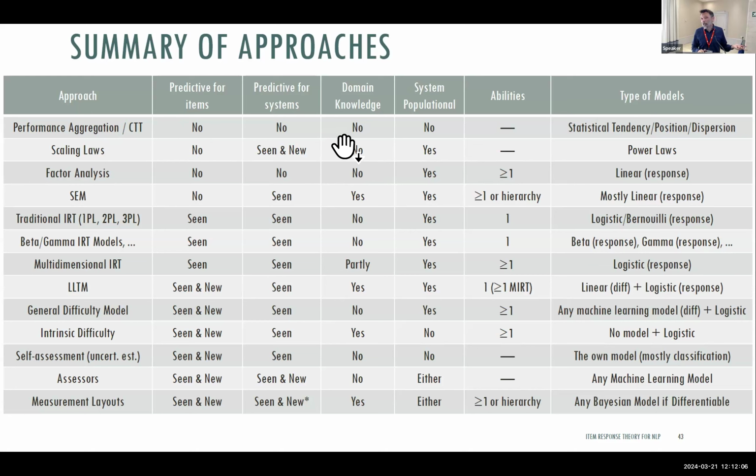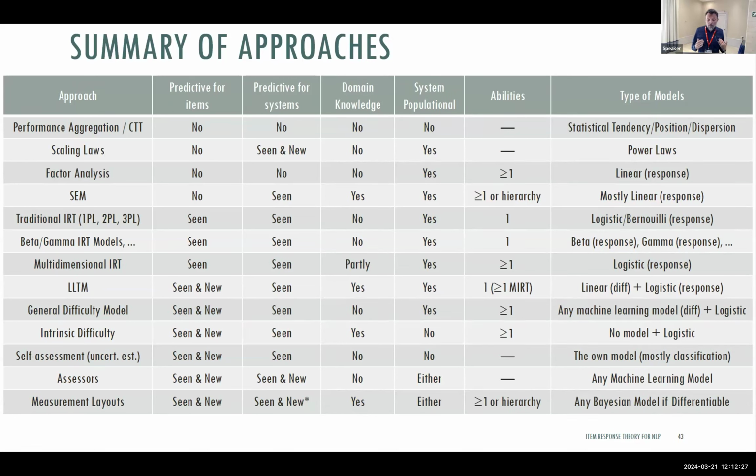Of course, it doesn't require domain knowledge. That's okay. It's not a population in terms of systems. You don't get abilities, you get performance, but don't mix performance with abilities. And the type of model is basically an aggregate. Basically, you're using a statistical metric, dispersion at most.